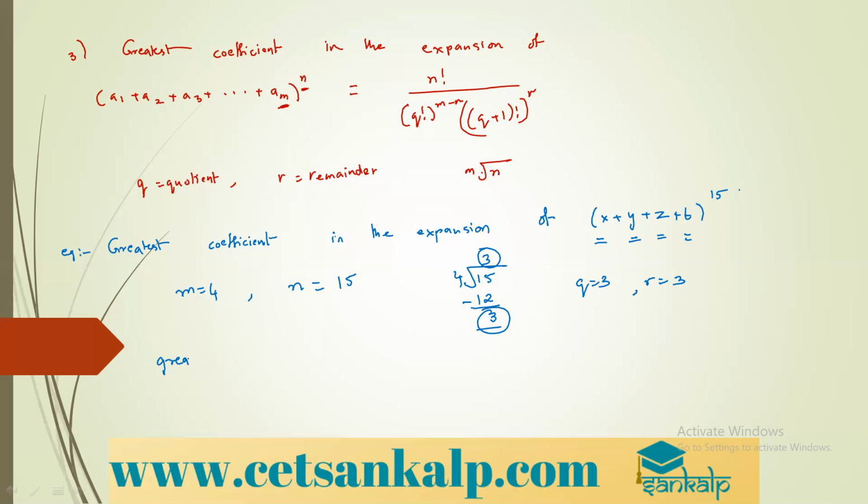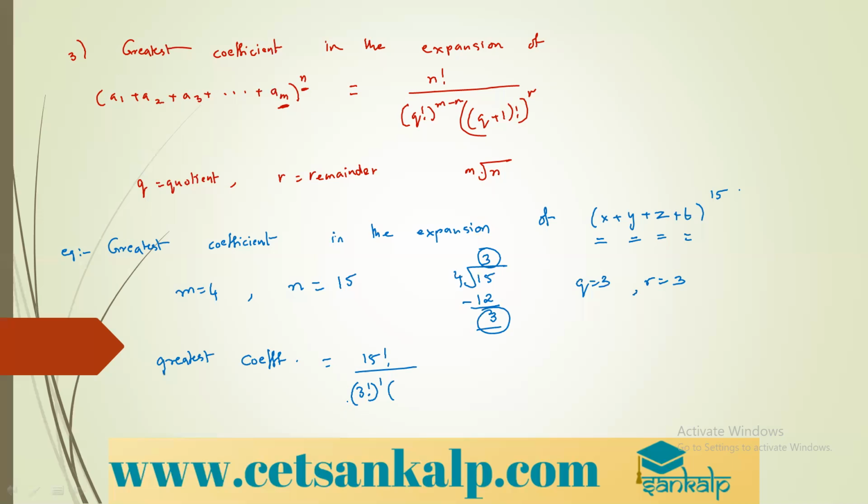So when I write the greatest coefficient, as per the formula, the power n is 15 factorial. Q, the quotient, is 3, factorial power m minus r. 4 minus 3, 1.